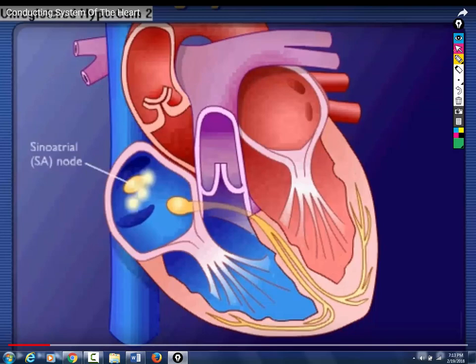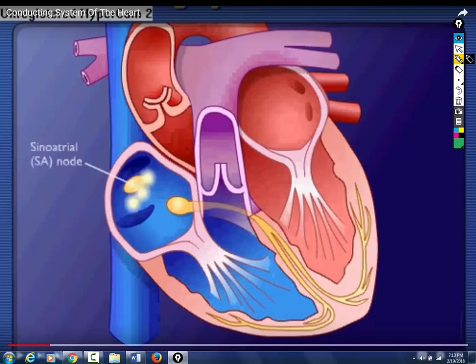They also have intercalated discs, and intercalated discs connect mechanically all the atrial and ventricular cells. So when the electrical impulse travels instantly over the atria, they contract as a unit. So intercalated discs and gap junctions allow the atria and ventricles to function as a unit.